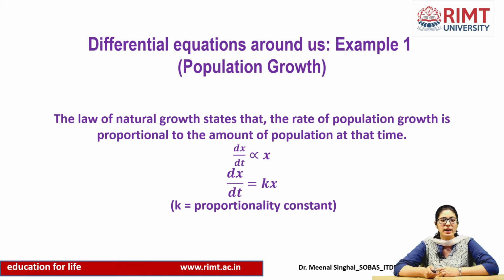To get rid of the proportionality sign, we introduce the proportionality constant k. So, we replace the proportionality sign with an equals sign and k. So, dx/dt = kx represents your differential equation.